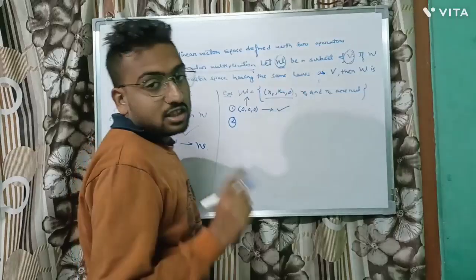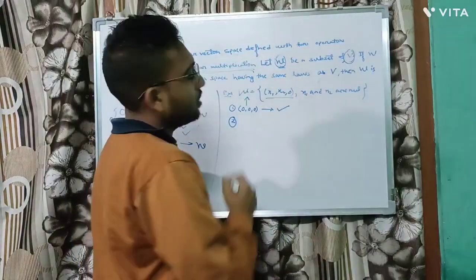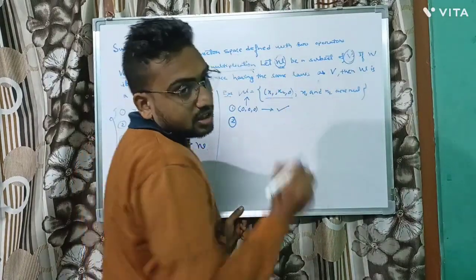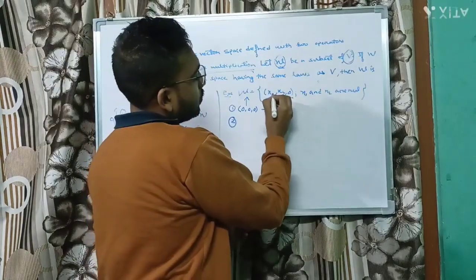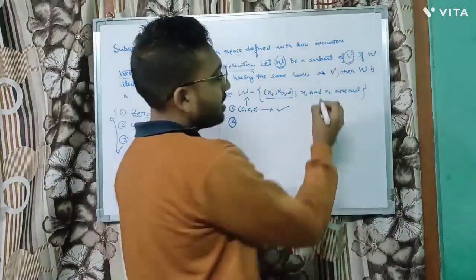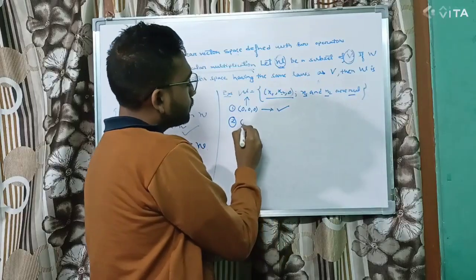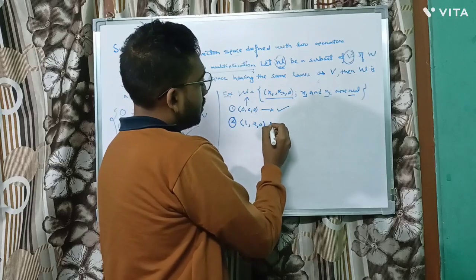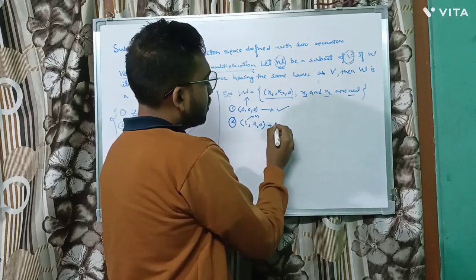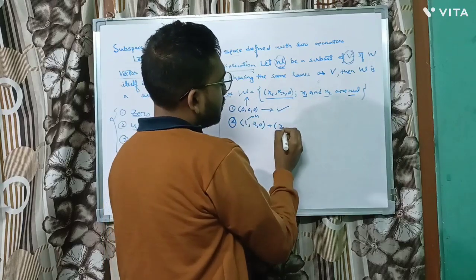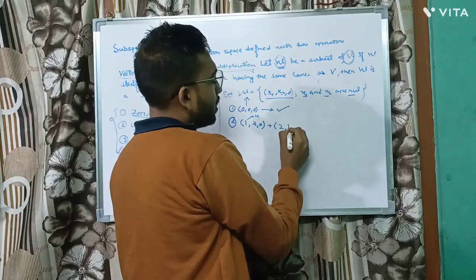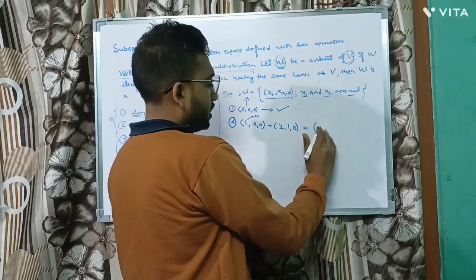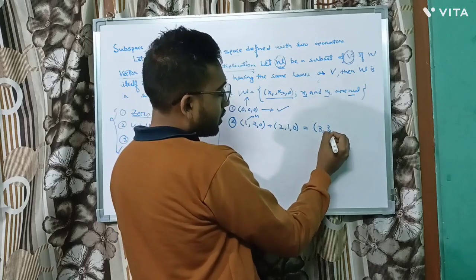The second property is that the addition of two vectors lying in W must result in a vector which is already present in W. So let me substitute x1 and x2 by some real values, as x1 and x2 are real. If I substitute x1 by 1 and x2 by 2, and let me call it u, and also a new vector, where I substitute x1 by 2 and x2 by 1, then the sum is (3, 3, 0).